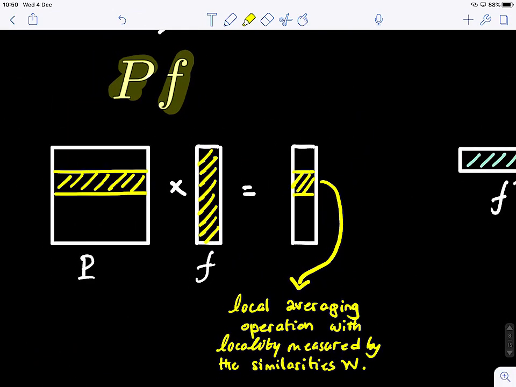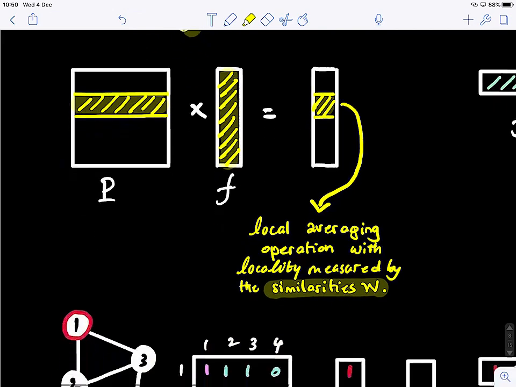If you look, I take all these values in a row for a particular node I, and I multiply them by F, and I get a single value. And P times F is seen as a local averaging operation with locality measured by the similarities W.